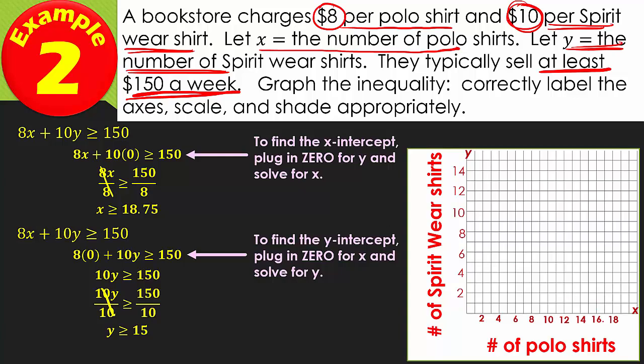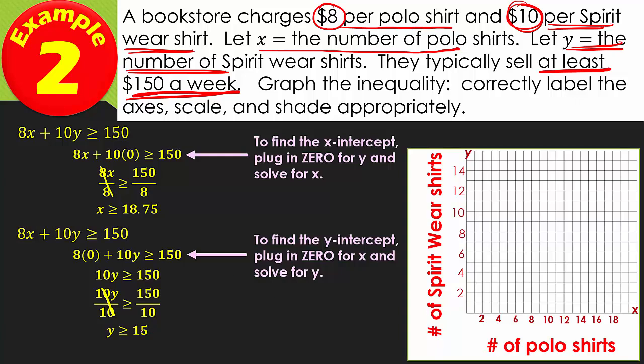When you're scaling this, keep in mind that for our x-axis, we have to go beyond whatever this is. So we have to go past 18, or at least to 18.75. Obviously, that doesn't necessarily make sense, so we want to make sure we have enough room to go to 20 at least, which we do.